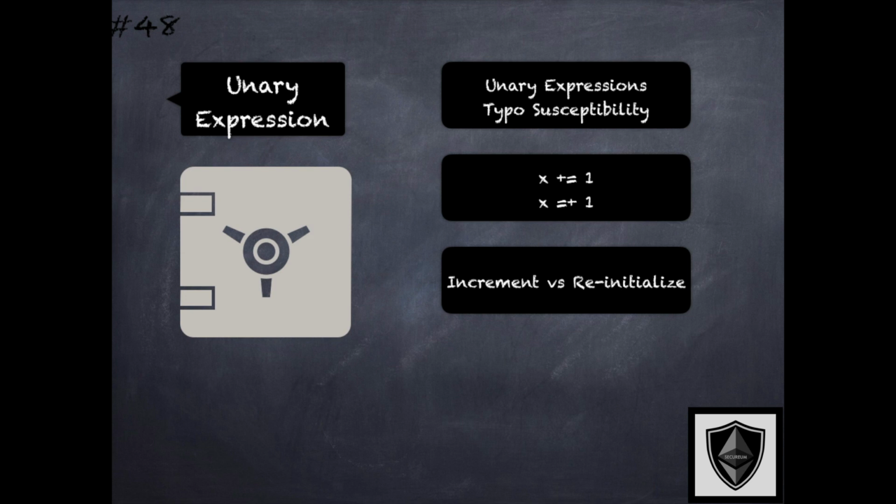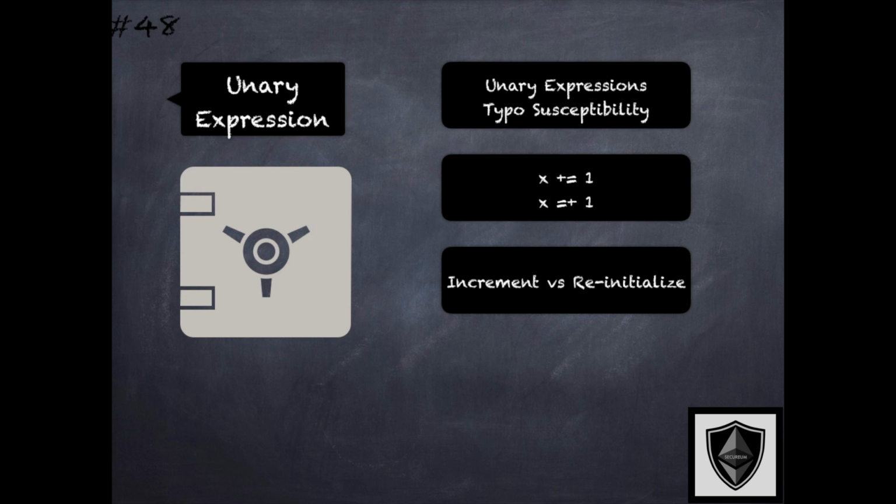And the reason for this is +1 is a unary expression whose value is 1, and x would get initialized to that value. As you can imagine, such typographical errors are likely to be made by developers.